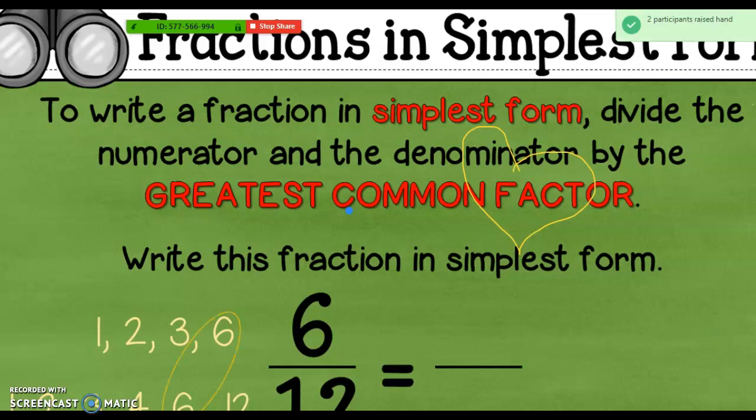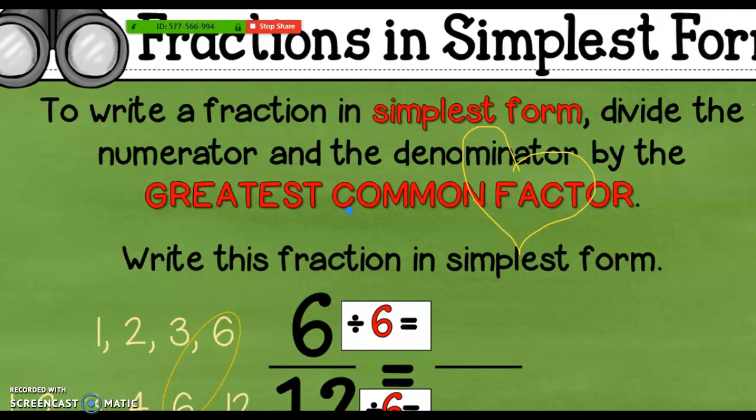So our next step is to divide both the numerator and the denominator by 6. Whatever you do to the numerator, you must also do to the denominator. So 6 divided by 6 gives us 1. 12 divided by 6 gives us 2. So in your answer, you would write 6/12 is equal to 1/2.